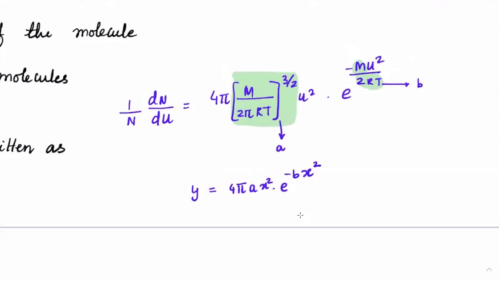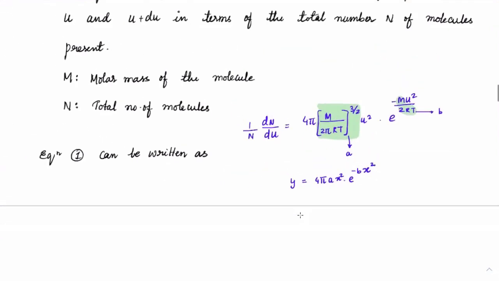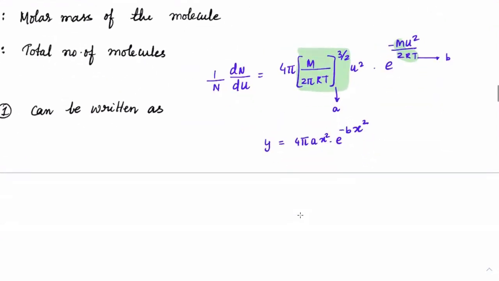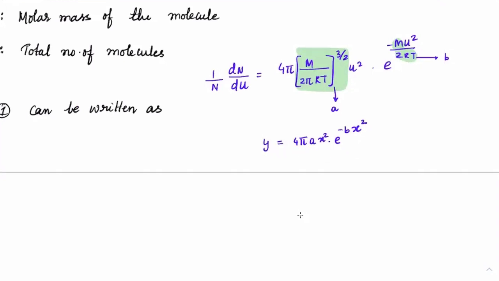Can I write this? Everybody understood that? So y is equal to some constant into x square multiplied by e raised to power of some constant into x square. So one is the exponentially decreasing function, the other one being a parabolic function.